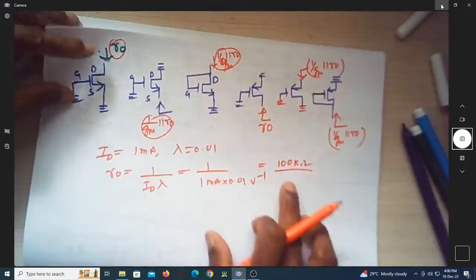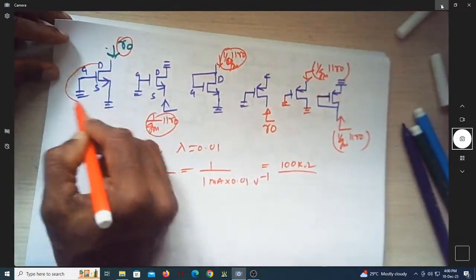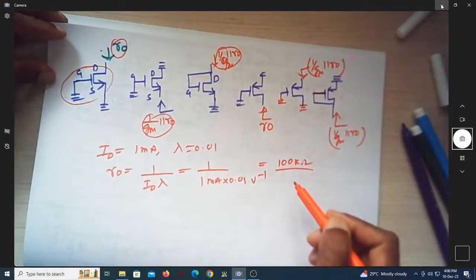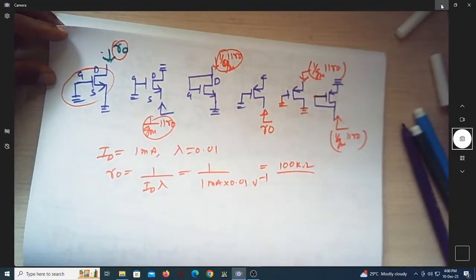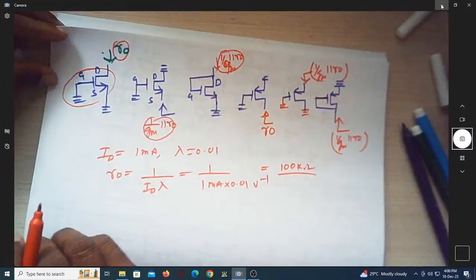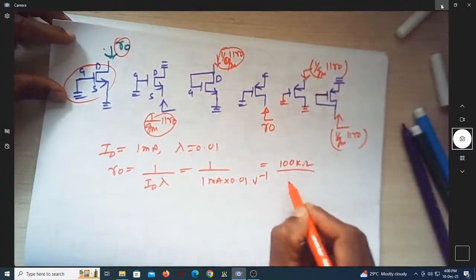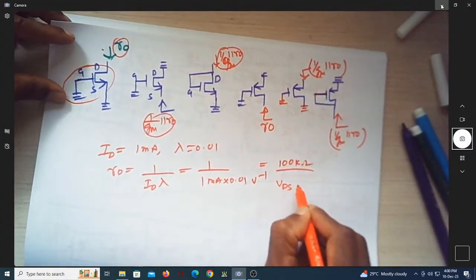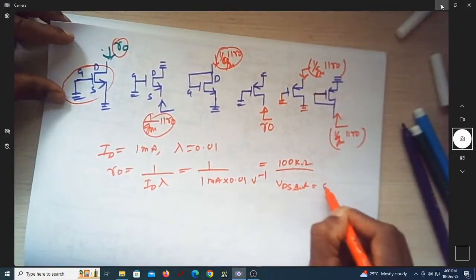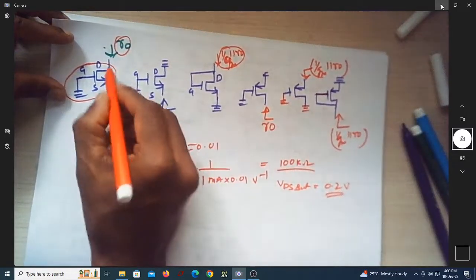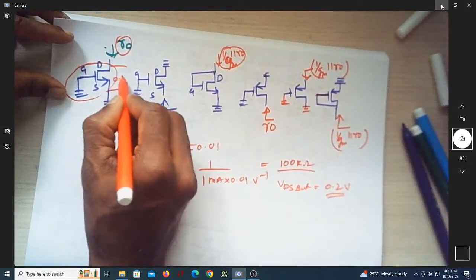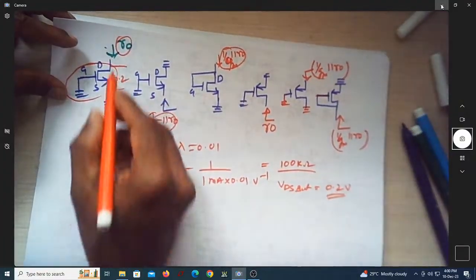So it is not possible to have a passive resistor of 100K, but you can use this MOSFET which will offer you 100K. How much voltage does this require? Does it require too much voltage? No. If the overdrive voltage, VDS sat, for this MOSFET is 0.2 volt, then it requires only 0.2 volts to give 100K.